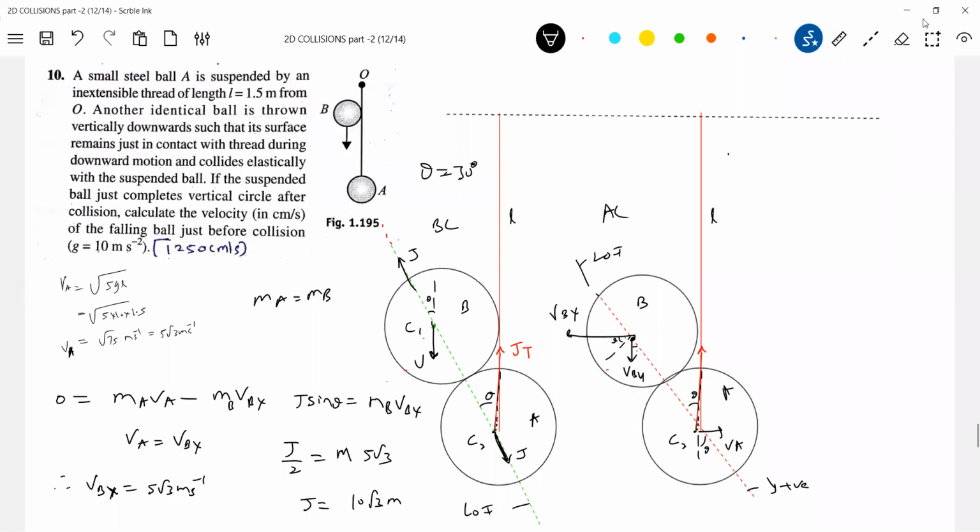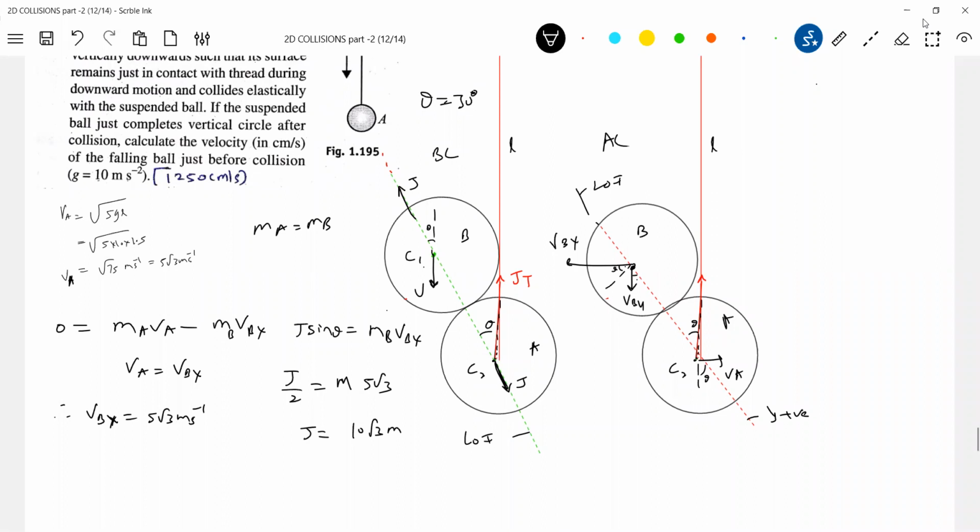Collides elastically. So e is equal to 1, or let me write, e is equal to VA sine theta minus, I need a little more space. I'll slide down.